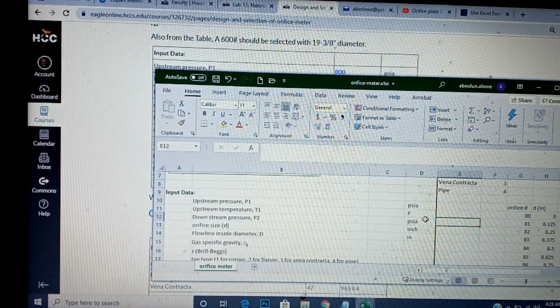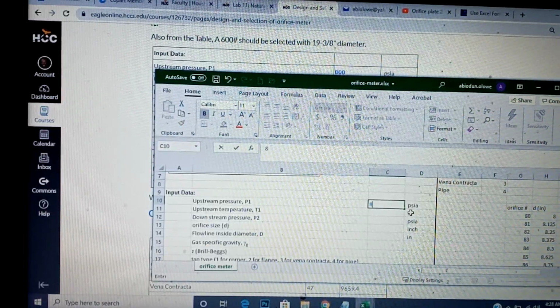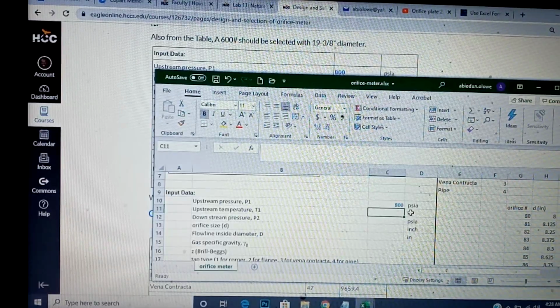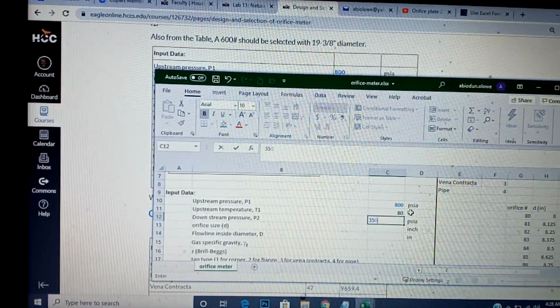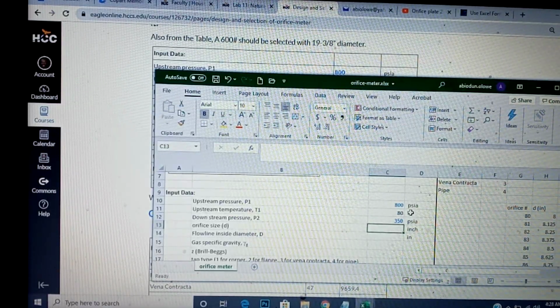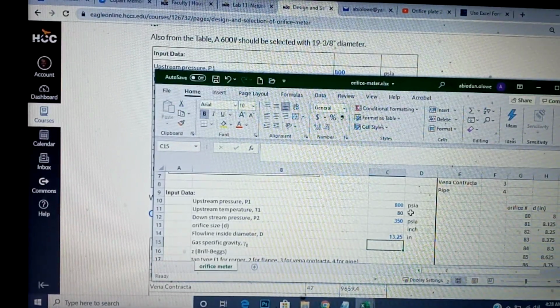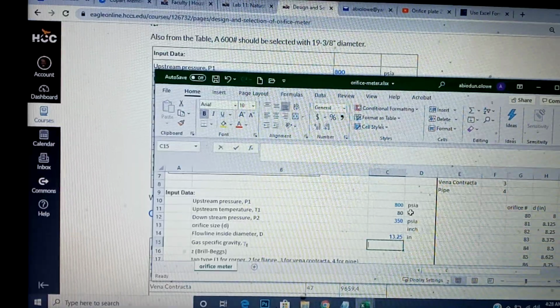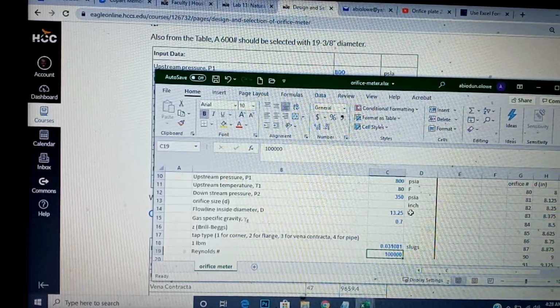So let's fill out the input first. My upstream pressure is 800. Temperature 80. Downstream 350. Small d, that's what we're going to find. Inside diameter is 13.25. Gas specific gravity is 0.7. So that's my input. The rest I need to find.